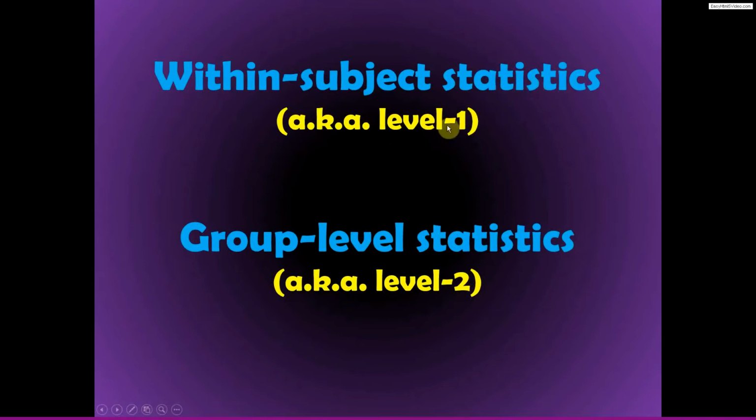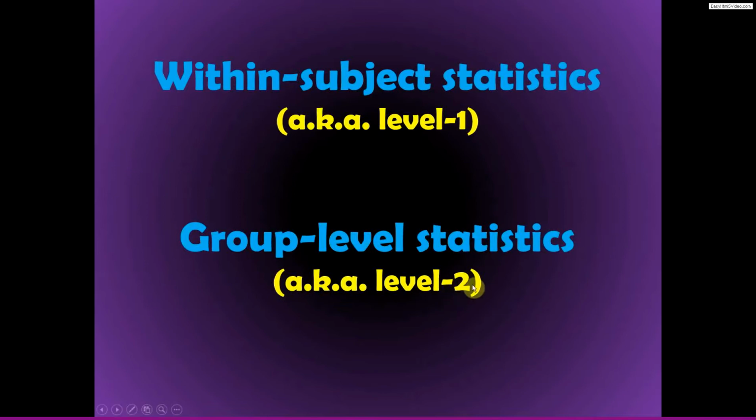In typical experiments, you would collect data from, let's say, 15 or 20 or 50 subjects. And then if you average over all the trials within different conditions for each subject, and then you do the statistics across subjects on the trial average, not on the individual trials, now we're talking about level 2 data.